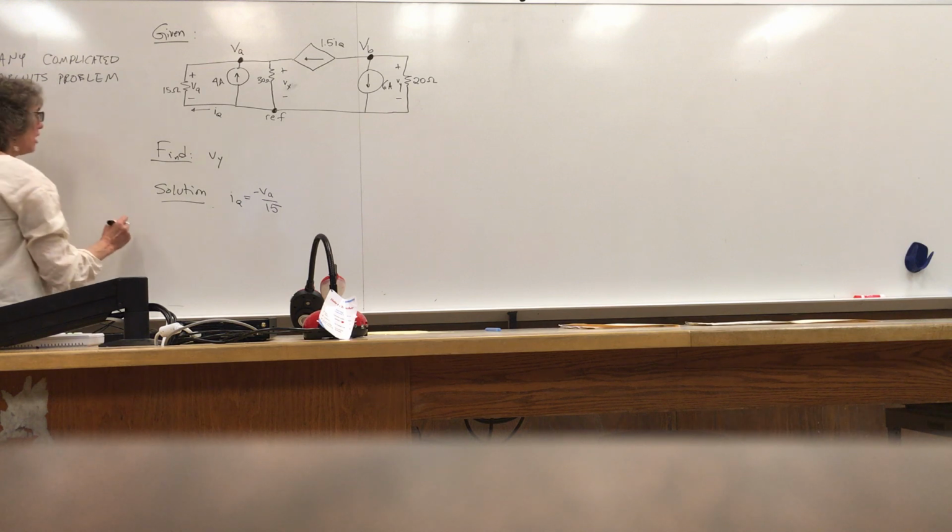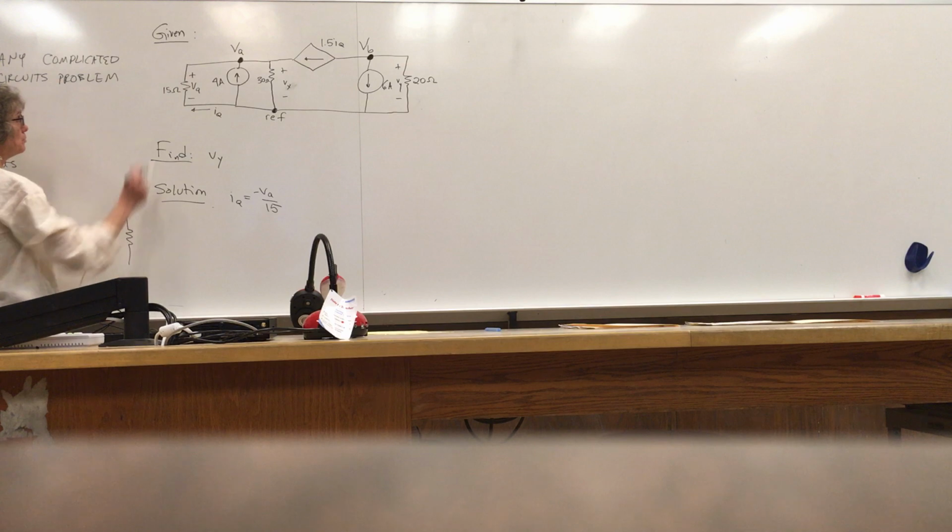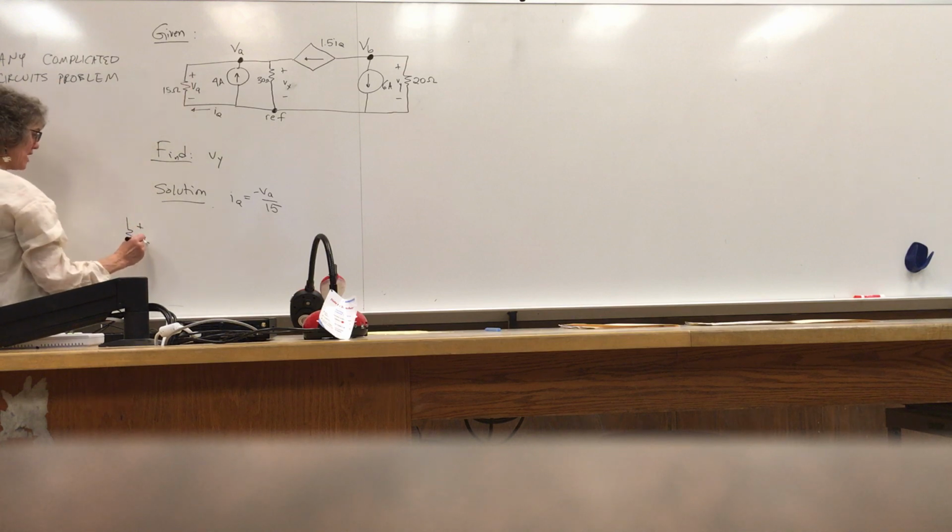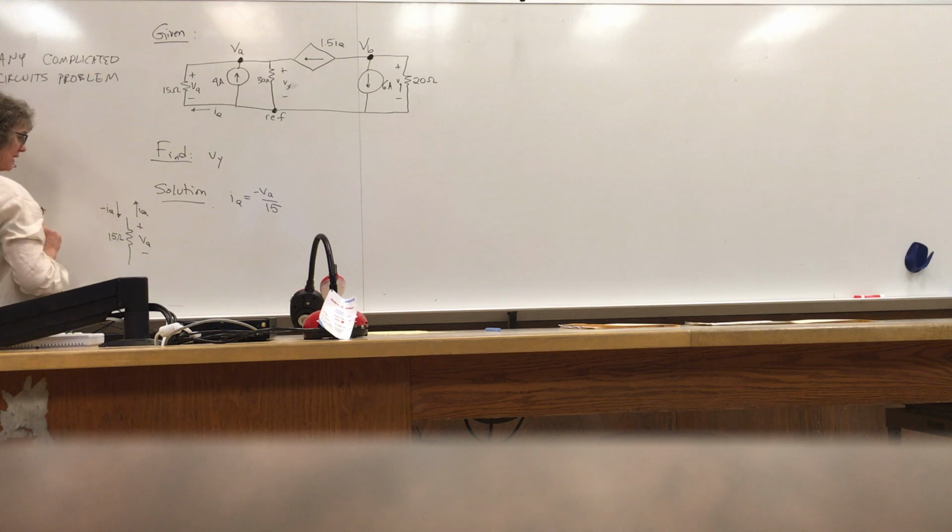Right, because Ohm's law says, okay, let me just pull this out. This is what we have. We have VA, and then we've got IQ like that, which is the same as minus IQ like that. This is equivalent to that. IQ pointing up is equivalent to minus IQ pointing down.